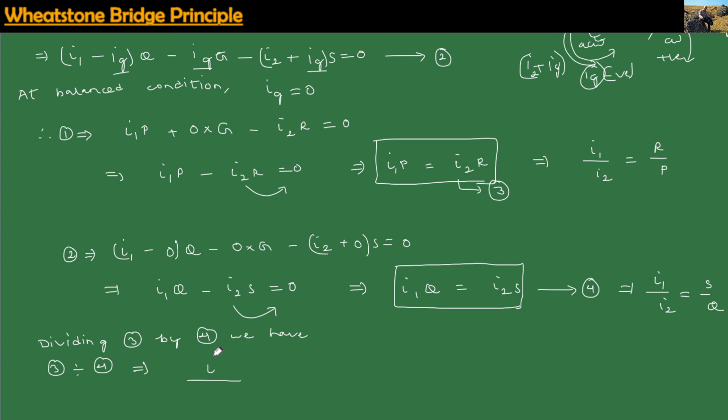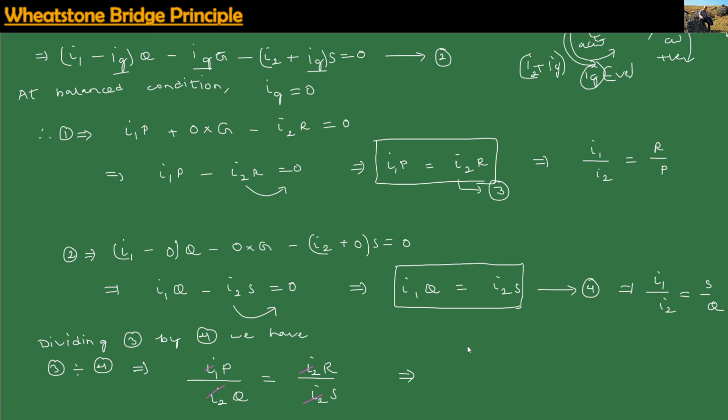So we have I1P divided by I2Q equals I1R divided by I2S. When you look at this particular relation, some of the terms will get neutralized. I1 will vanish, I2 and I2 will also vanish, which gets cancelled.